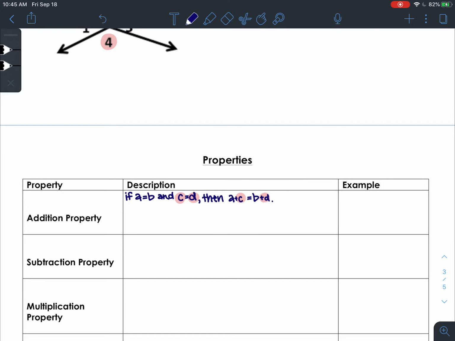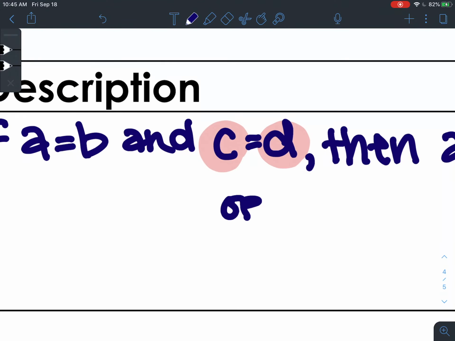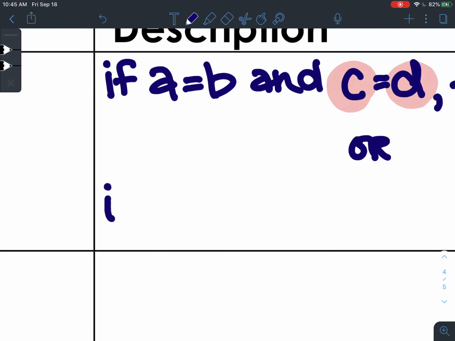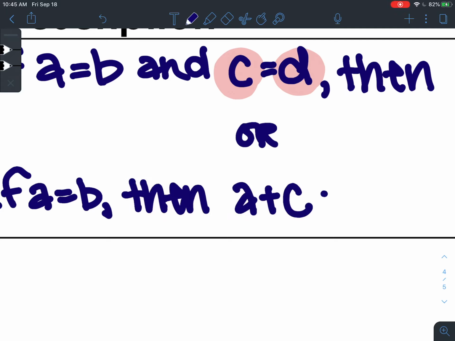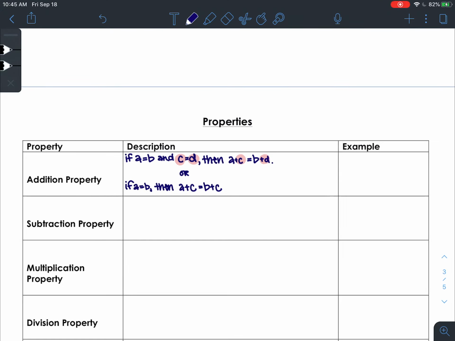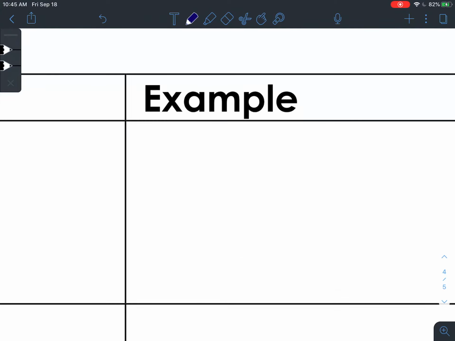Okay, the second version, so write or in between there, it starts off with, again, if A equals B, only this time I'm just going to add C to both sides. All right, so I'm going to do then A plus C equals B plus C, and then the equality will remain true. Okay, so you've actually done an example like this in algebra before.